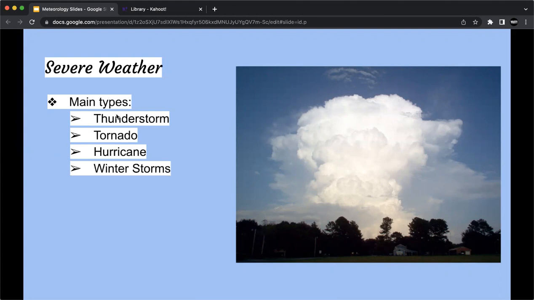A big reason we study severe weather is not just because it's entertaining or interesting, but it's also really important for safety, so we know how to react when we may potentially encounter one.